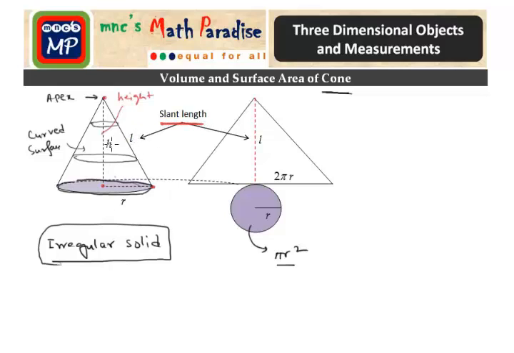Now if we cut this curved face of the cone along one straight line, one of the slant lengths, and unfold it, the apex will remain the apex, and the total circumference of the circle will unwrap on both sides. This is the slant length, this is the apex, and this point is at the circular base.